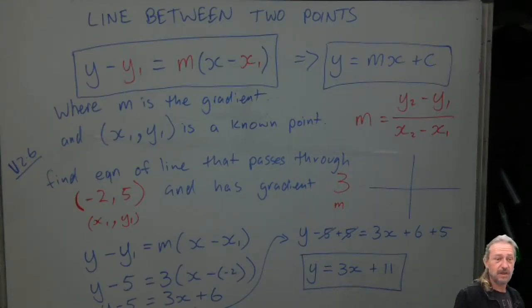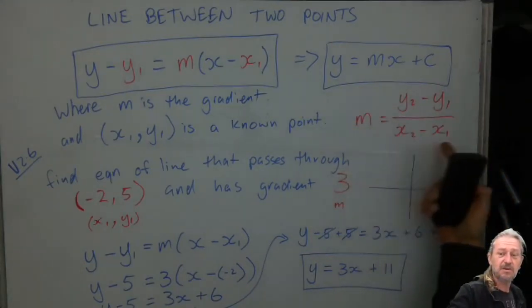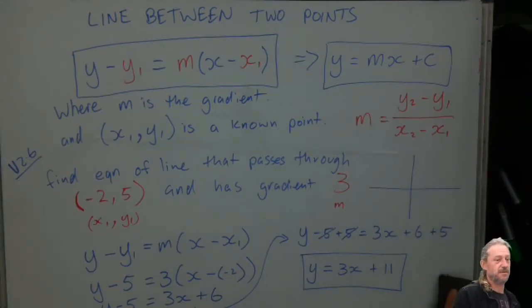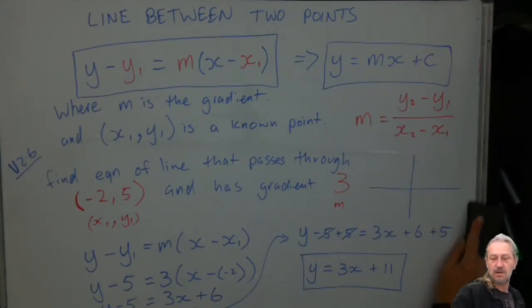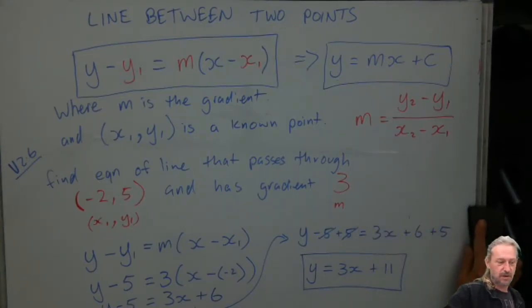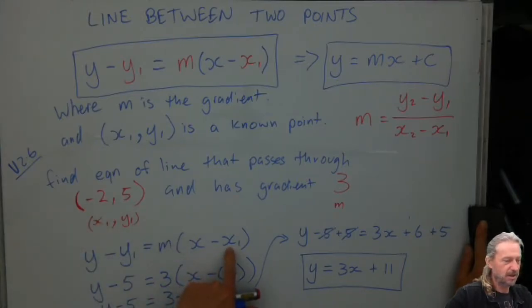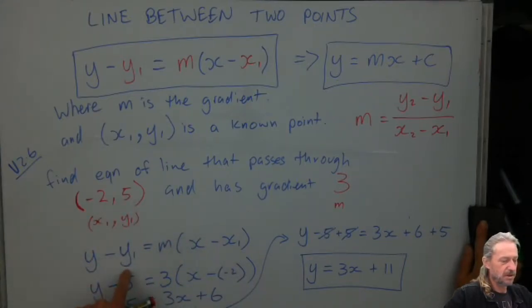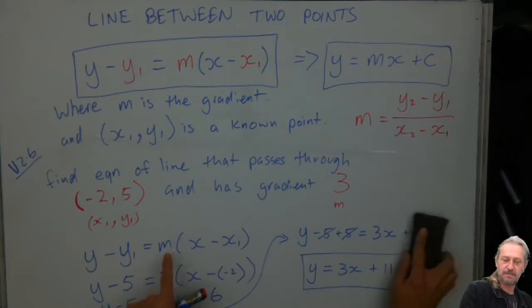The next example, we're just going to be given 2 points, and we'll have to do this step first. Hopefully that made sense. So our x term in there, our y term in there, our gradient there.